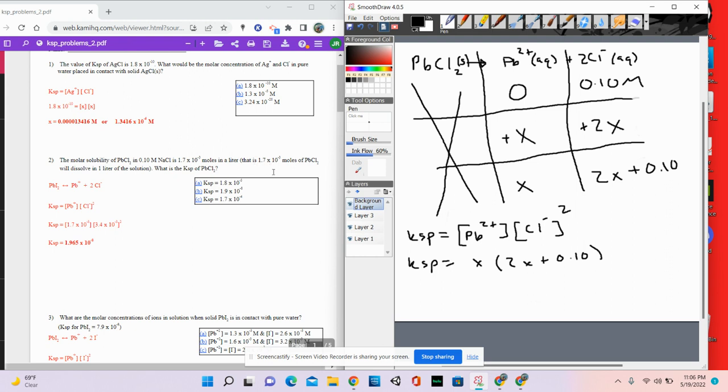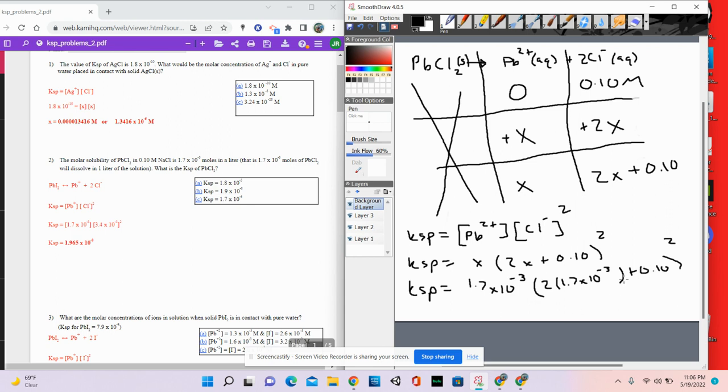We can just replace it with 1.7 times 10 to the negative third. So what we can actually write this as is KSP equals 1.7 times 10 to the negative third times 2 times 1.7 times 10 to the negative third plus 0.10, squared.